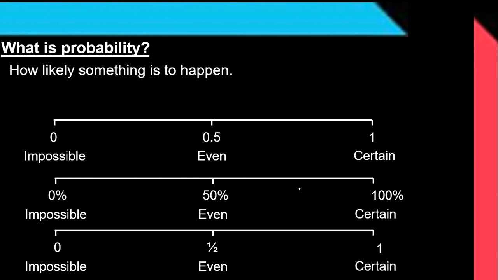For example, I might say tomorrow the chance of rain is 0.7. 0.7 on a probability scale would be around here. That transfers to 70%, that transfers to 7/10, etc.